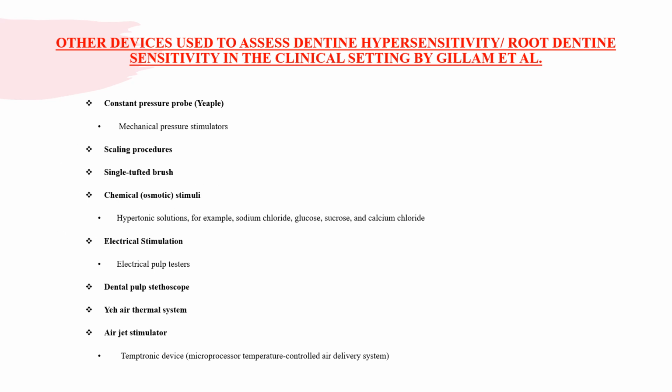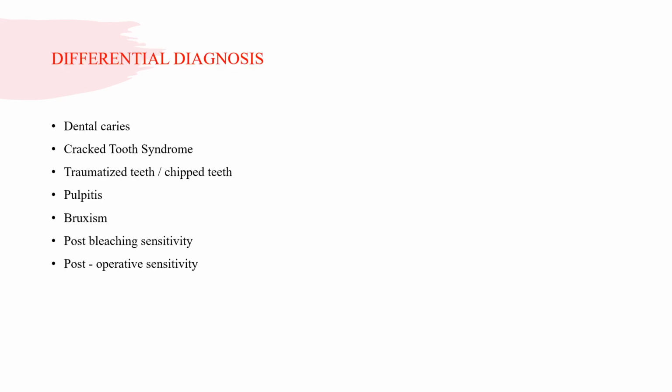Other devices which are used to assess dentin hypersensitivity or root dentin sensitivity in the clinical setting, given by Gillen et al., are the constant pressure probe by Yeaple, then scaling procedures, single tufted brush, chemical stimuli, electrical stimulation, dental pulp stethoscope, air thermal system, and air jet stimulator.